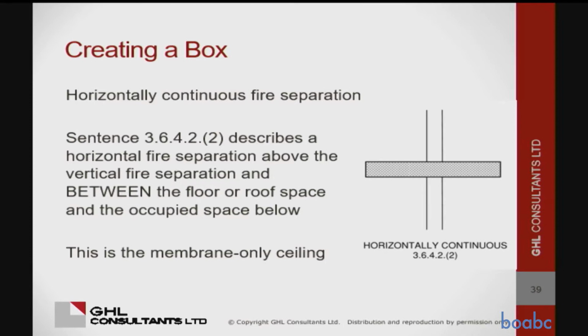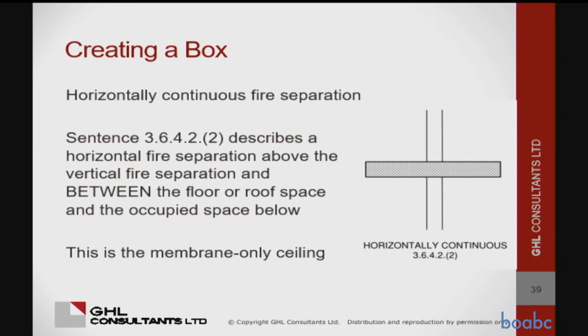And then the other option, and this is a kind of strange statement in the building code, is that if you don't continue the fire separation vertically through the floor, then the horizontal fire separation is described in this sentence in 3.6 as being between the concealed space and the occupied space.